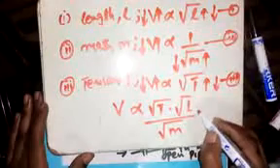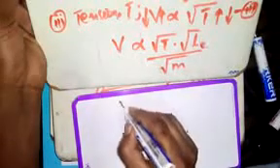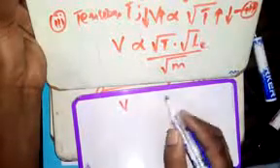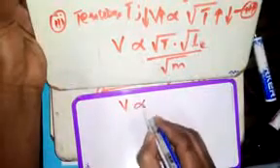We can now write this equation as V is directly proportional to the square root of tension L over M, because all these are in square root.